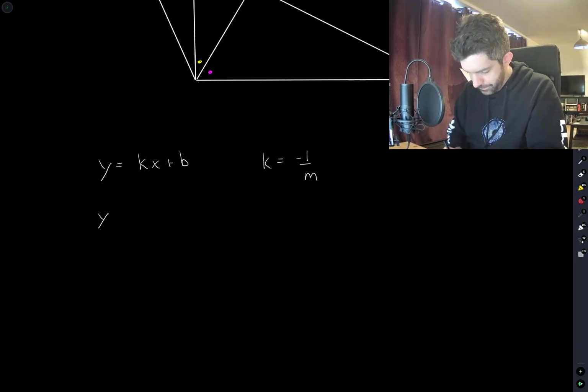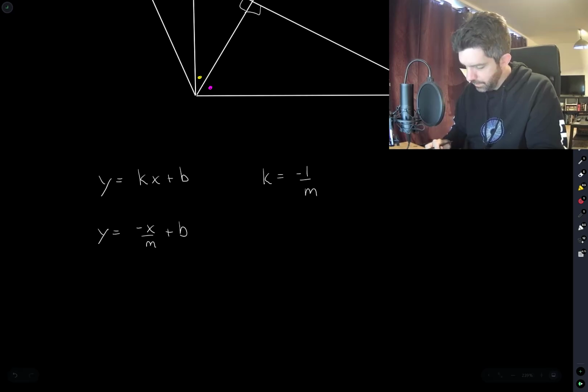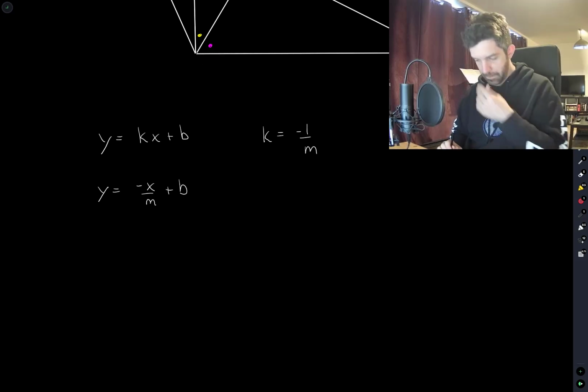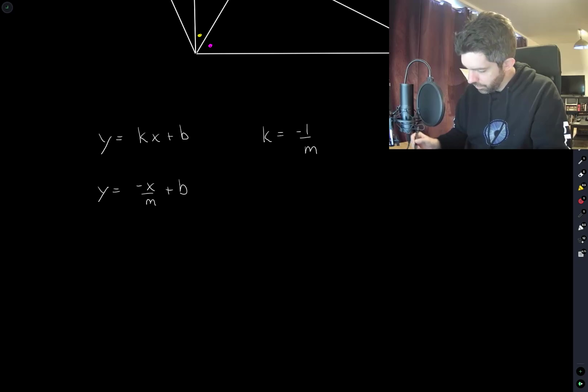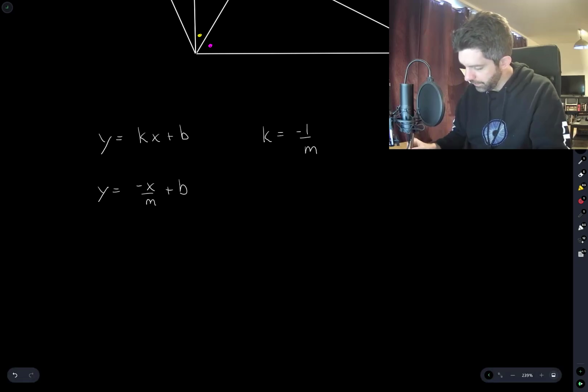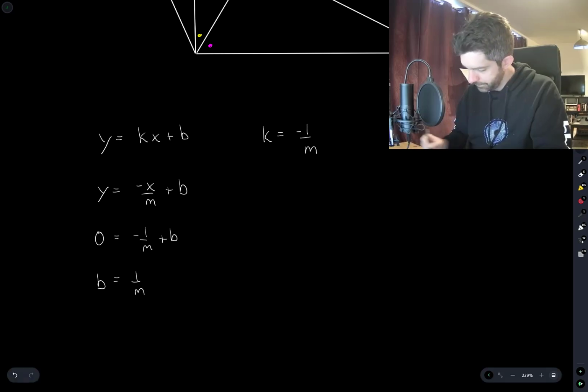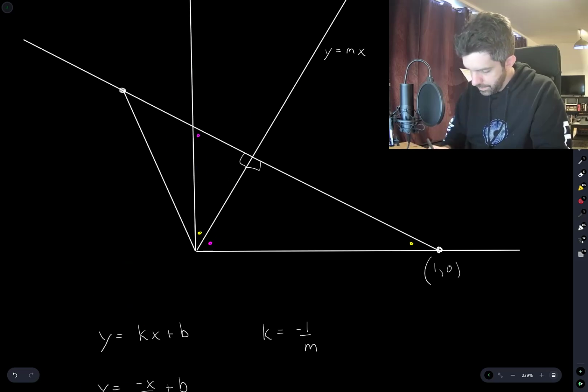And we need to solve for this intercept. I know this point is on the line, so we have that b is equal to 1 over m. So this point here is 0, 1 over m.